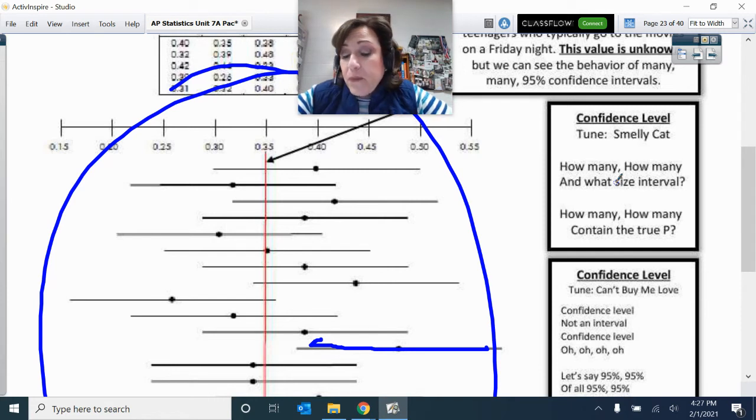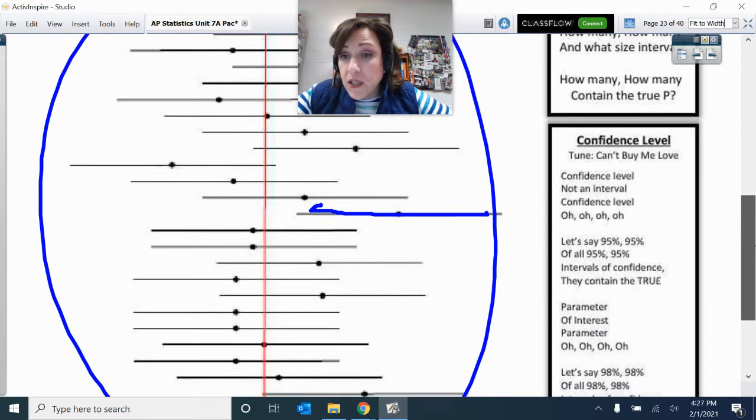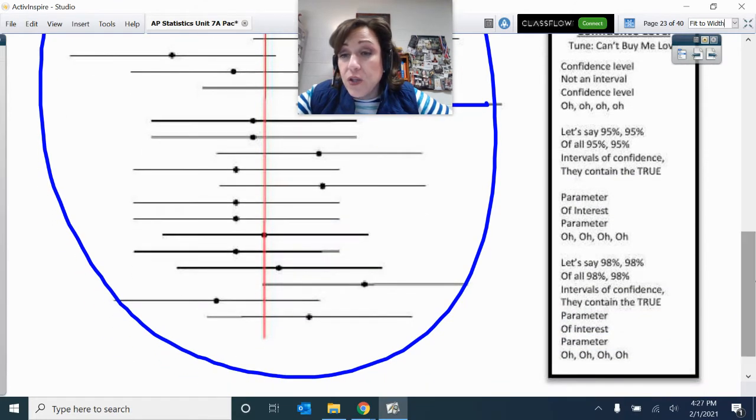You can't say 90% of the 98% intervals. No mix and match here. How many contain the true p? That's your confidence level: how many of the many confidence intervals will contain the true proportion or the true parameter. That's confidence level, not the interval interpretation.